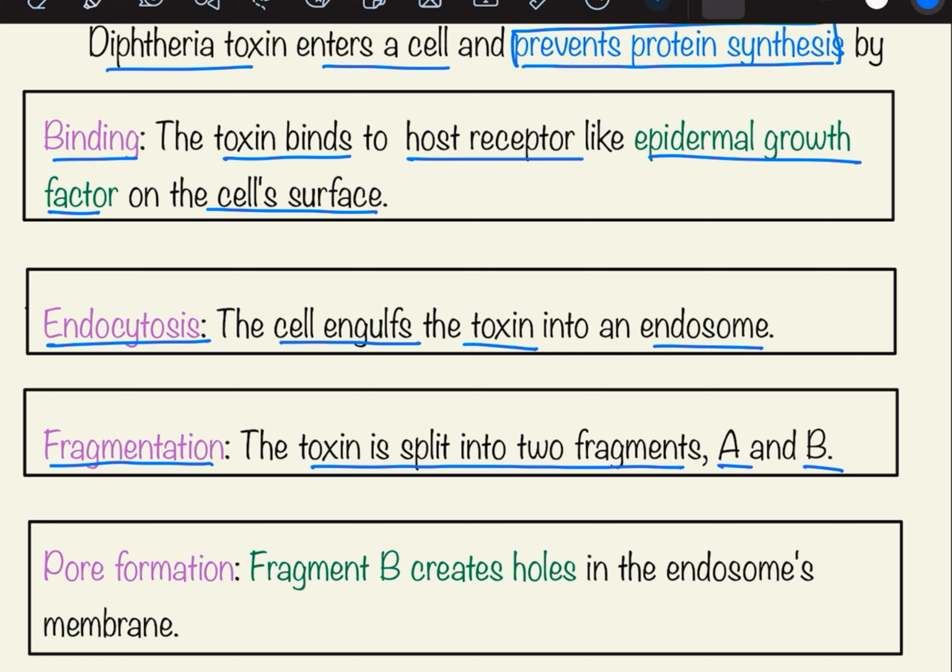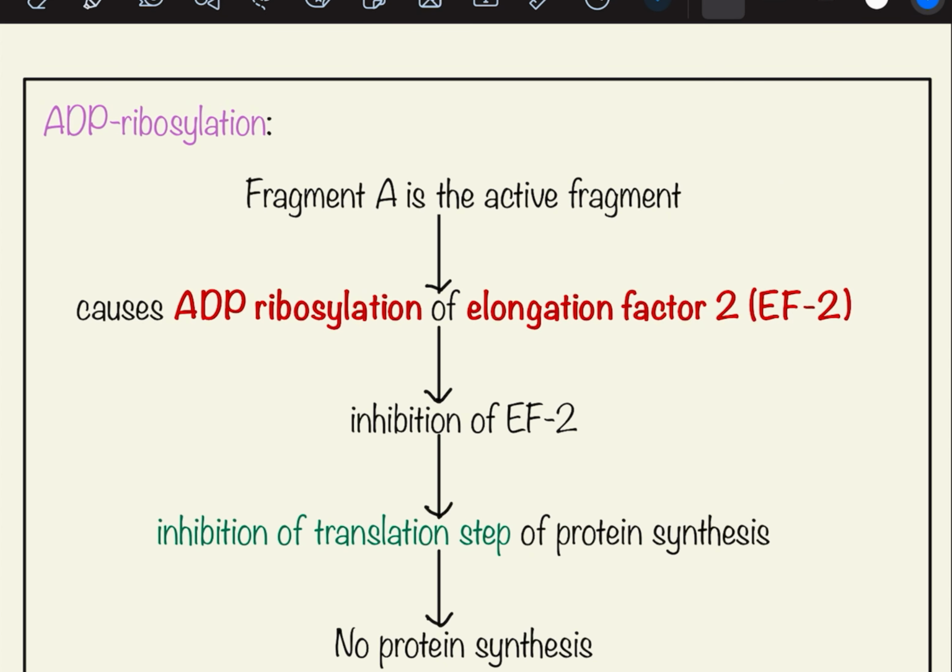After fragmentation, fragment B creates holes in the endosome membrane, which leads to formation of a hole in the endosome. Through that, fragment A is released into the cell cytoplasm. Here in the cytoplasm, the main step occurs, which is ADP ribosylation.